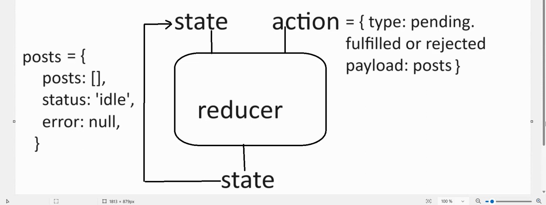For fulfilled, status would be succeeded, etc. The value status equal idle we write directly, like state.status equal loading, in the post slice.